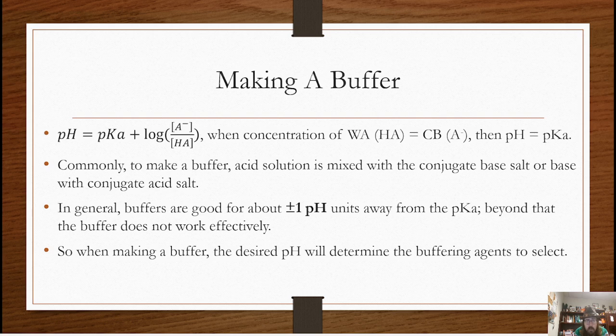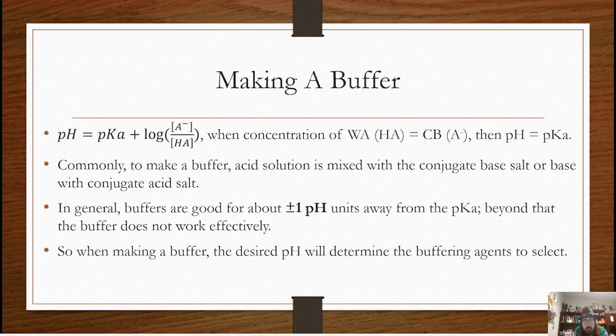So one is going to run out quickly, and the other is going to be around for quite a while. Unless you're using incredibly high concentrations, it's going to be very easy to neutralize one of them. It's not going to be a very effective buffer against, say, acids. It will be effective against bases, but not acids. So that doesn't really make a buffer work super well.